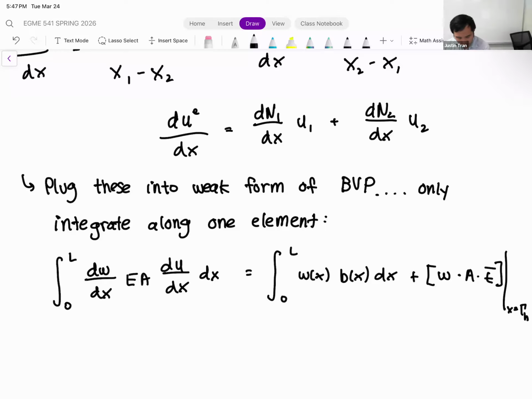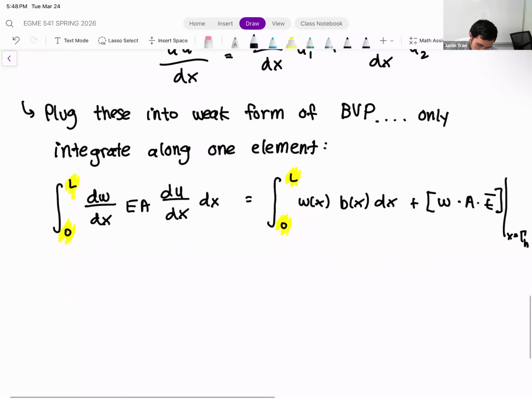Okay. In our traditional weak form here, we're integrating across our entire domain, so our domain is defined from 0 to L. But we only want to apply this weak form for our particular element. So instead of integrating from 0 to L, we're going to integrate from the bounds of our element, which is x1 to x2. And so I'm going to change those bounds from 0 to L to x1, x2.